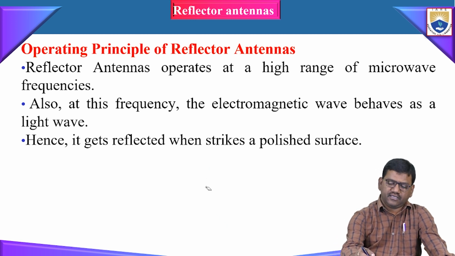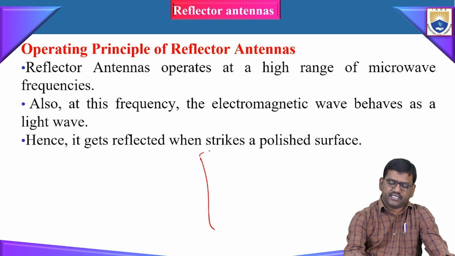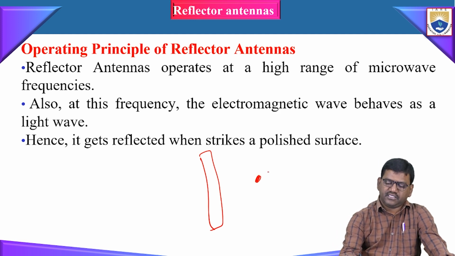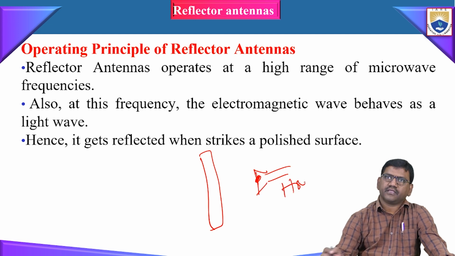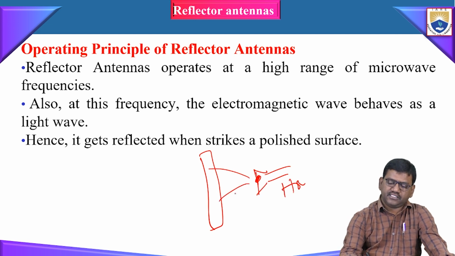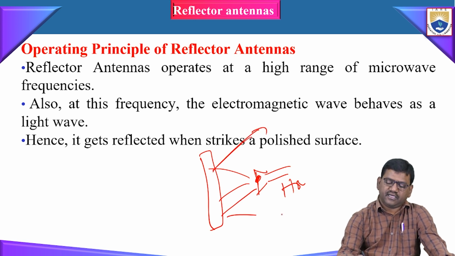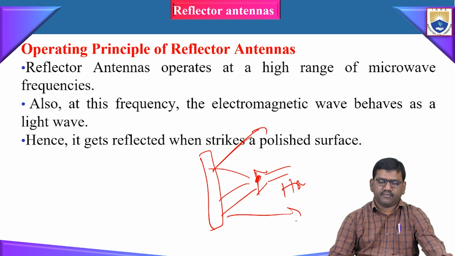Suppose there is a conductor here, a metal rod. We need to transmit the electromagnetic energy to this, so another antenna is used. Let us assume this as a horn antenna. From the horn antenna we direct the energy towards the metallic rod, and from the rod the energy is radiated and reflected back here.